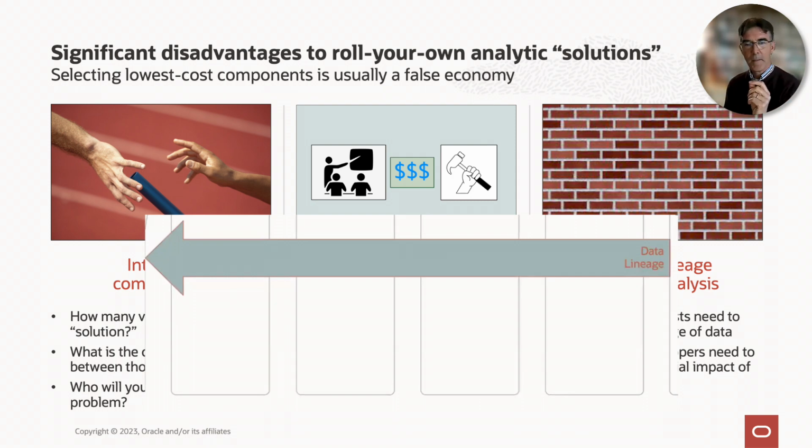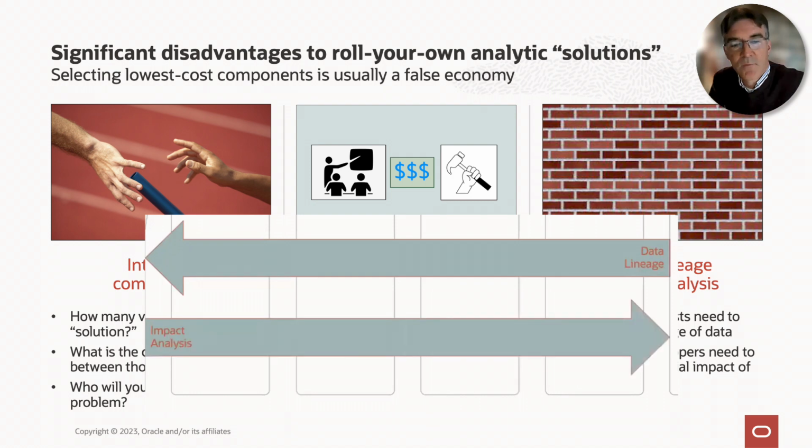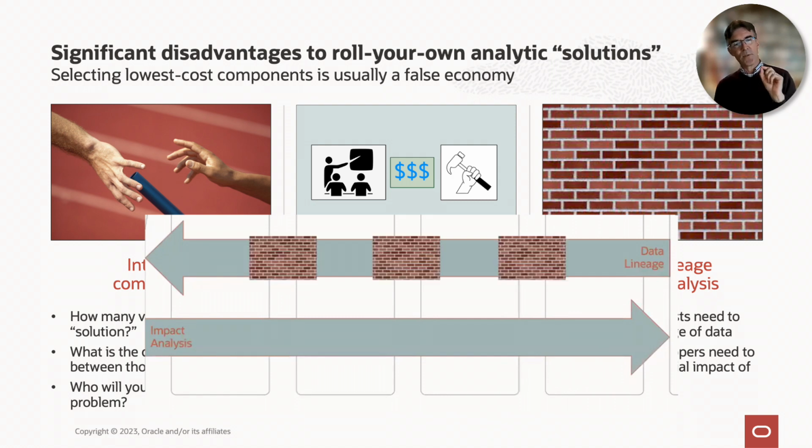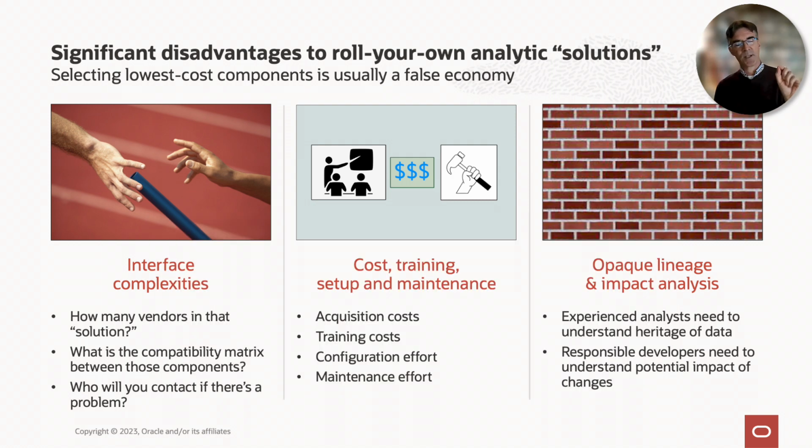Okay, good. And then another important related concept is what we call impact analysis. A responsible developer doesn't necessarily want to go in and change a source system willy-nilly without understanding what he might break downstream. So you need clear views of these things. But each of those interfaces that we've just talked about represents a barrier to data lineage and impact analysis.